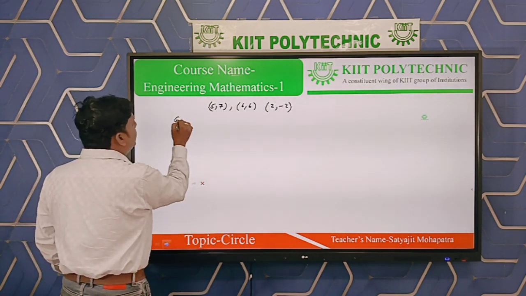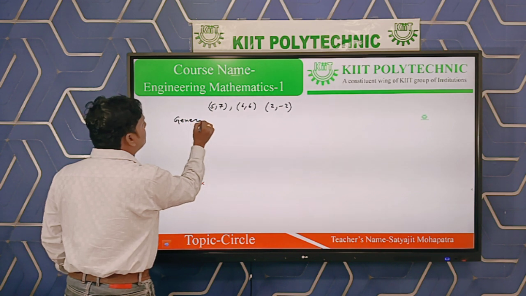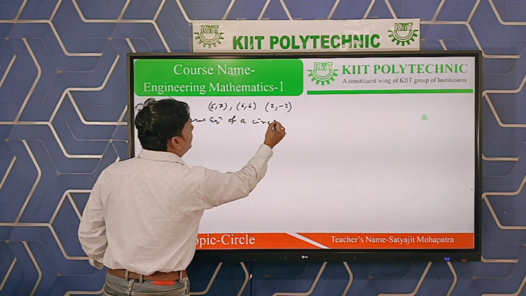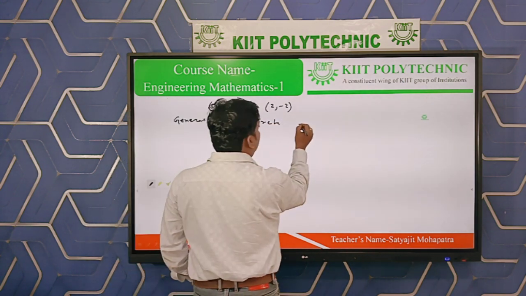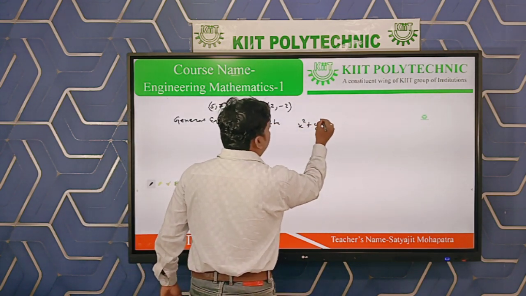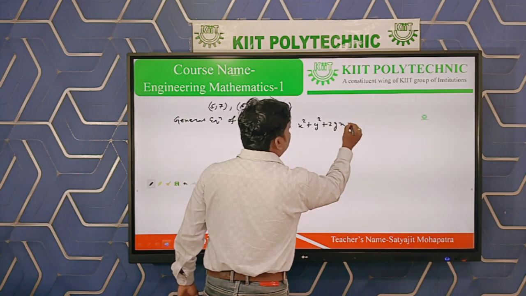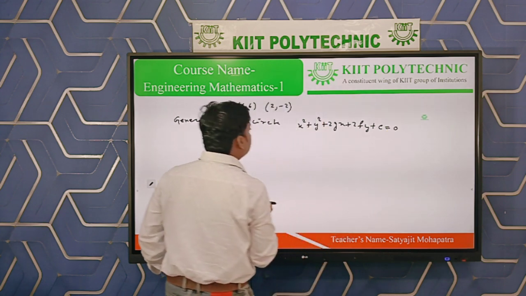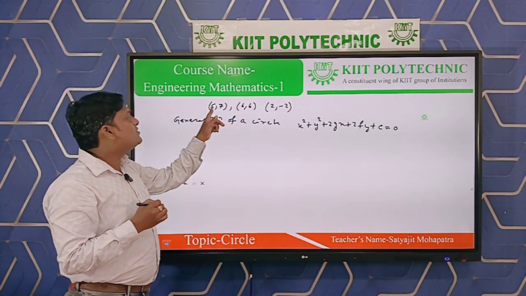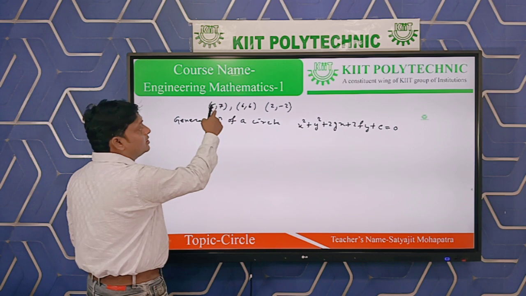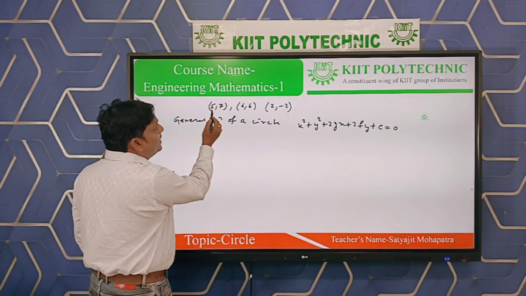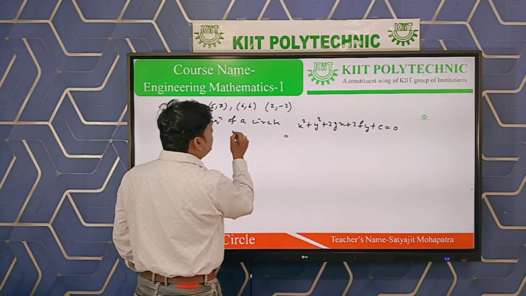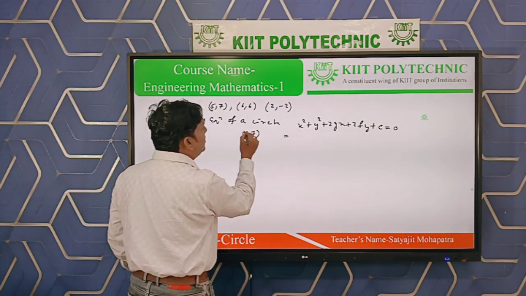All of you know the general equation of a circle: x square plus y square plus 2gx plus 2fy plus c equals 0. This circle first passes through the point (5, 7). So 5 will be taken for the x coordinate and 7 for the y coordinate. Put it over here.